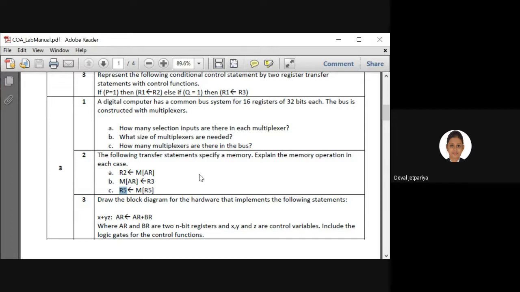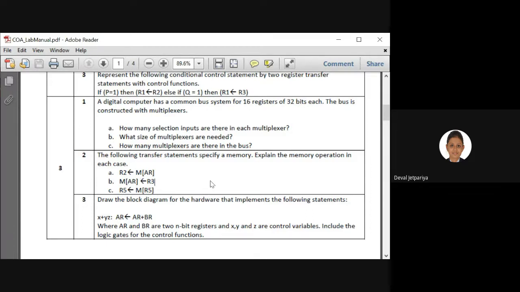First we are reading and then we are transferring the same to the R5. It is indirect addressing, right? Not directly we are transferring, but indirectly we are transferring.